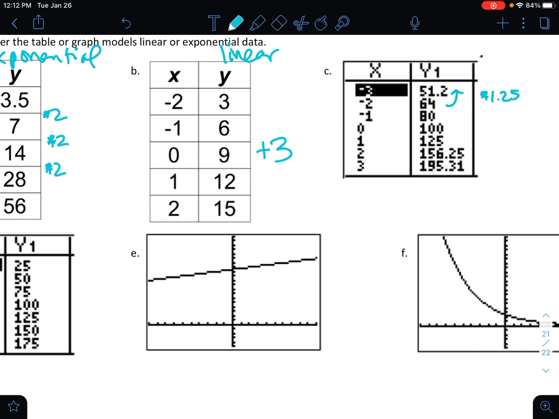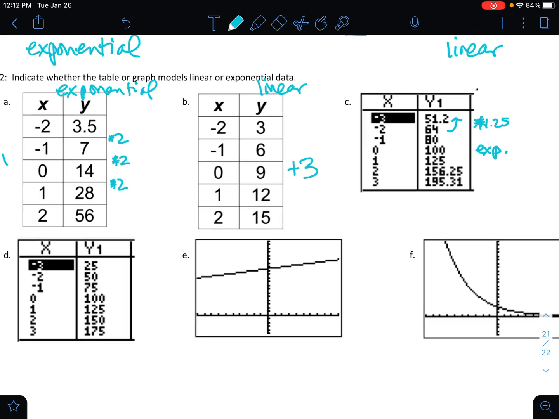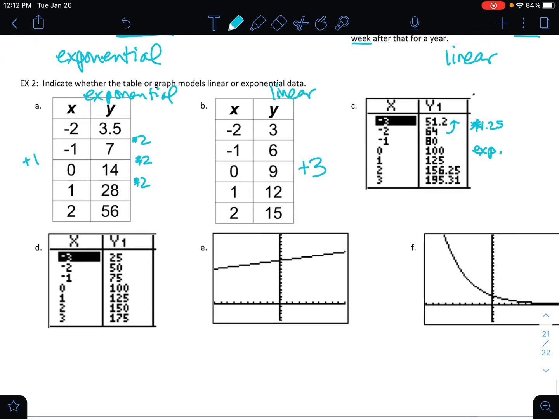If I do 64 times 1.25, I get 80. Okay, it looks like that's the pattern. So 80 times 1.25, I get 100. So let's skip ahead. 156.25 times 1.25 is 195.31. So I am multiplying by 1.25. That is an exponential pattern.